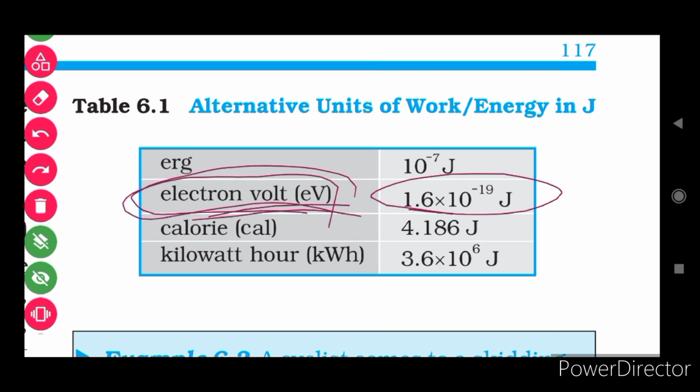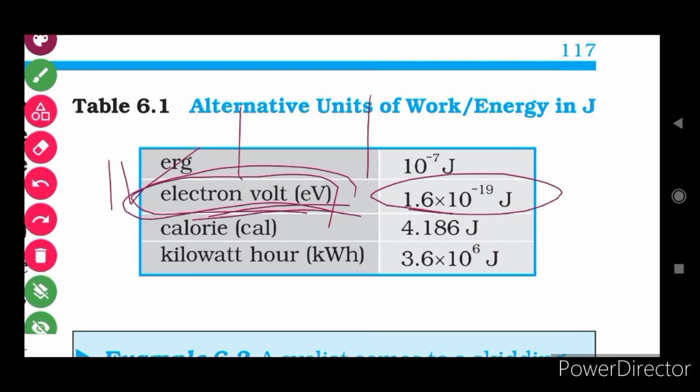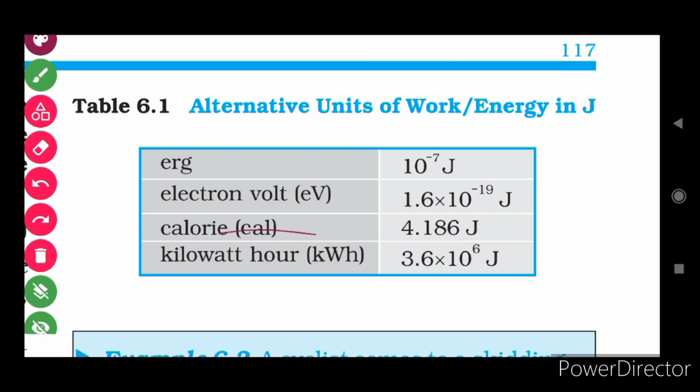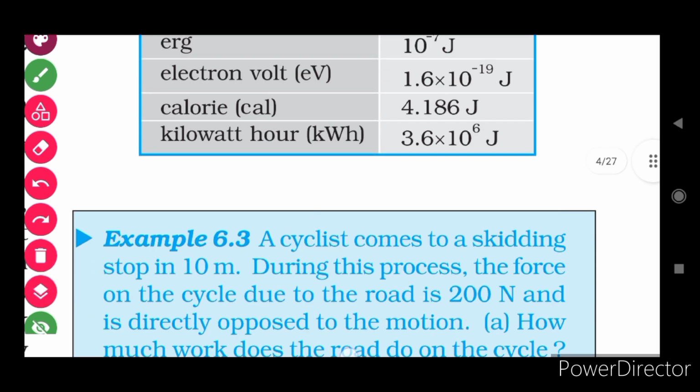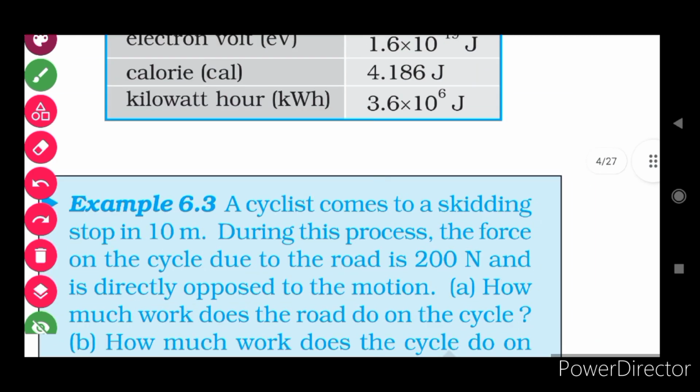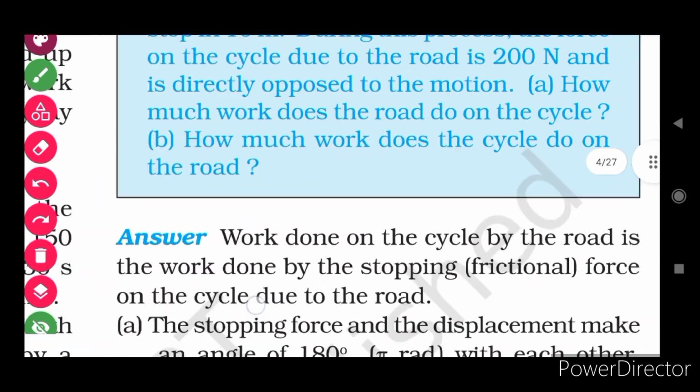It is the energy possessed by an electron when it is accelerated through 1 volt potential difference. Then calorie, an old unit of heat, around 4.186 joule. Then kilowatt hour, used in electricity, it is called a unit also. This is 3.6 × 10^6 joule. You should be familiar with these units of work and energy.